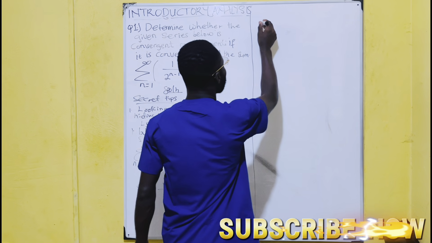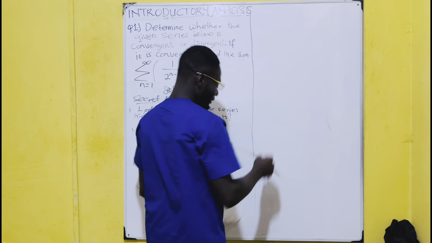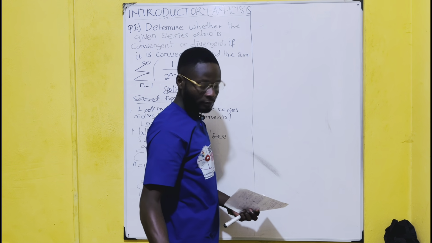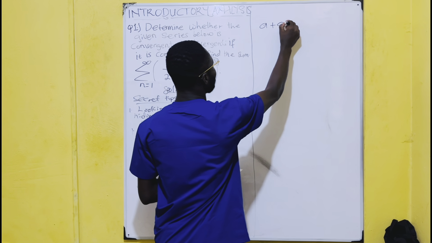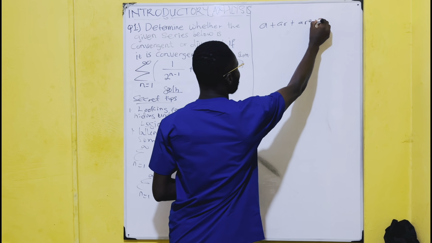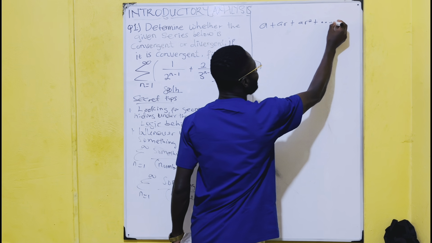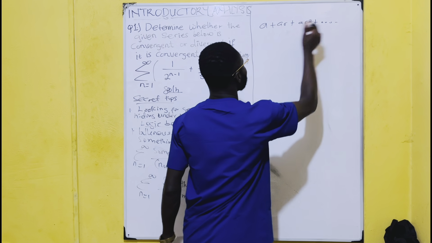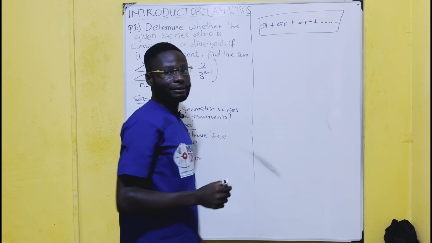The geometric series pattern is a plus ar plus ar squared plus that up to infinity, right? So this is the geometric series pattern.